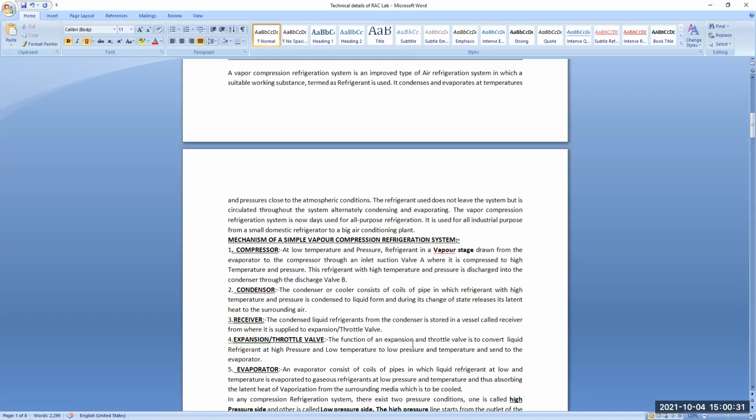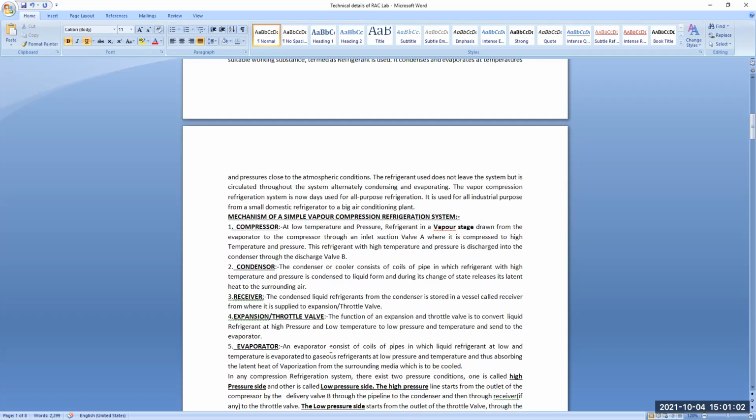Its function is to convert the liquid refrigerant from high pressure to low pressure and low temperature and send it to the evaporator. The throttle valve or expander gets the refrigerant in liquid form at very high pressure, reduces the high pressure to low pressure and low temperature, then sends it to the evaporator for the phase change from liquid to gaseous.